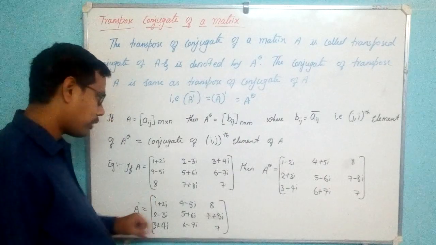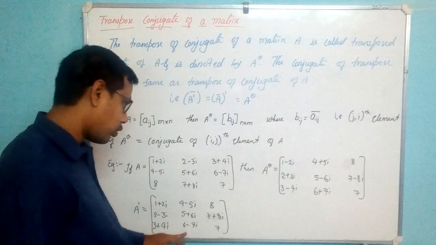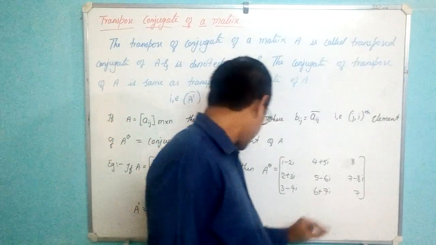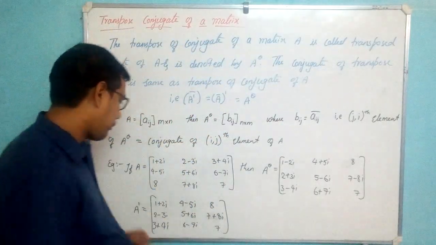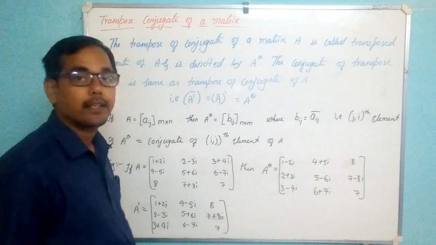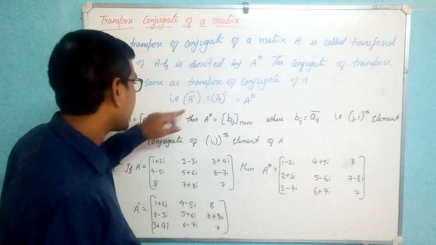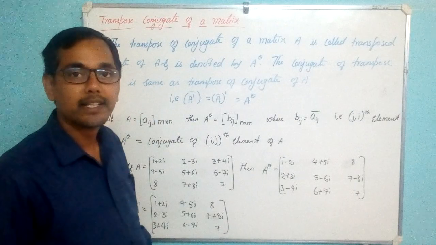Then 3 minus 4i, conjugate of that is 3 plus 4i. 6 minus 7i, conjugate of that is 6 plus 7i, then 7 as it is. So if I take first A transpose and then calculate its conjugate, then I will get this value. That is nothing but transpose conjugate.